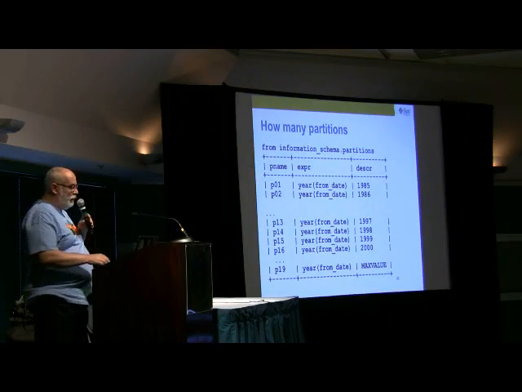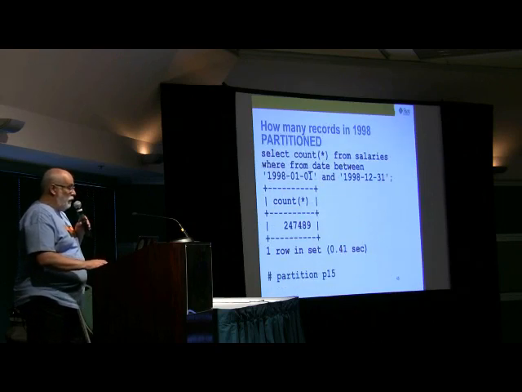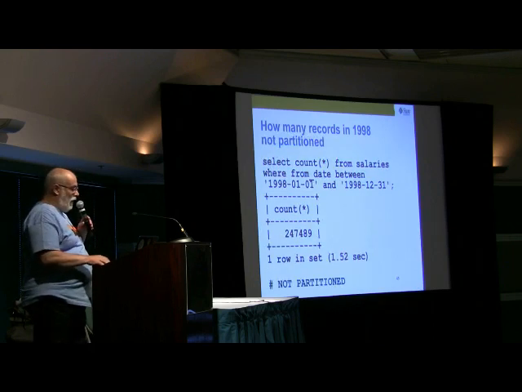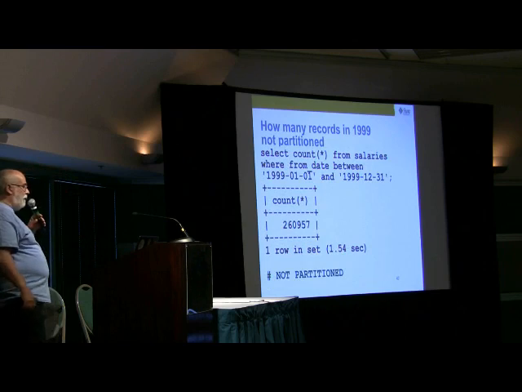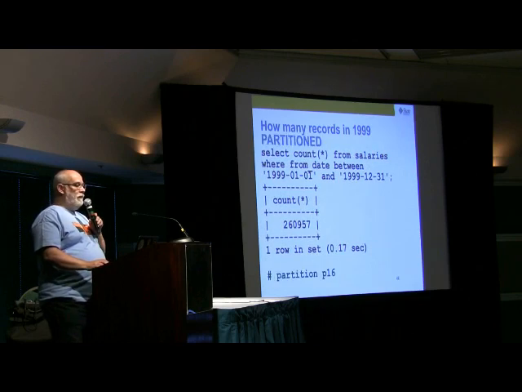So this is the data for 1998. So partition P15 contains data for 1998, and using partitions I have a query that is 3 times faster. The same happens if I use another year: 154 seconds non-partitioned, 0.17 partitioned.